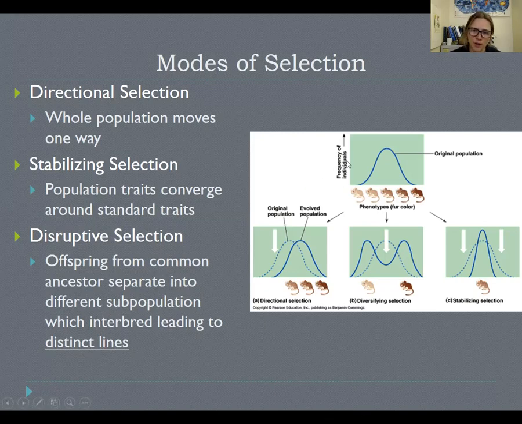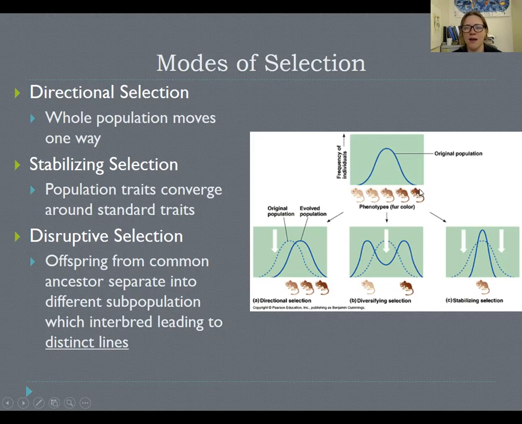Then, jumping over to the other side, there's another thing that can happen, which is called stabilizing selection, where we have a range of traits that occur within a population because of a range of genetic makeup within the population. And maybe there's something about both extremes that's unhelpful to survival and propagation.